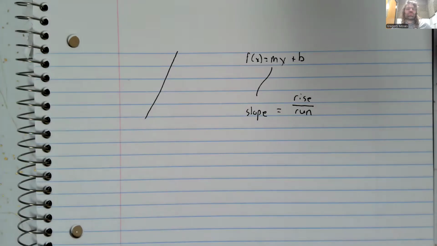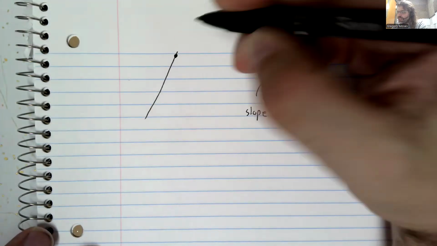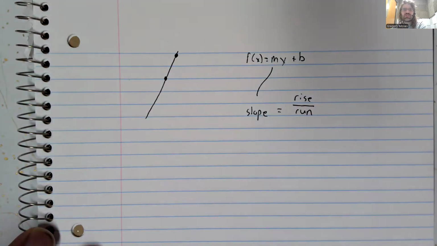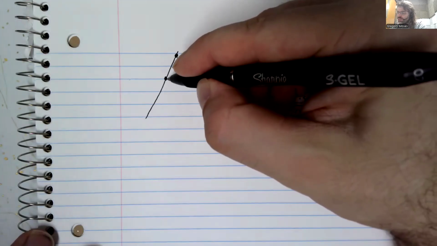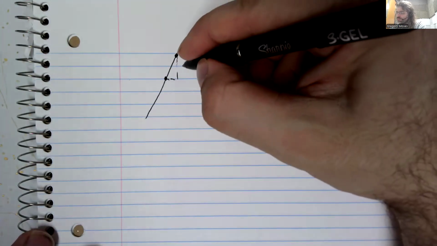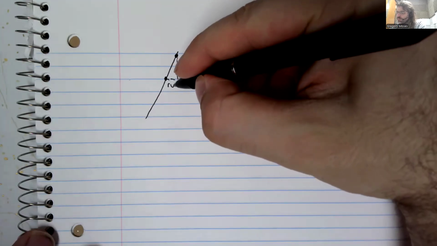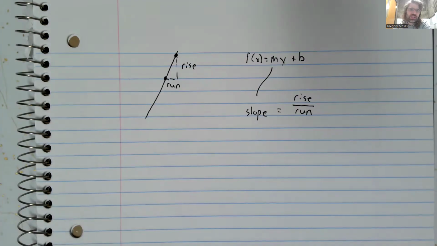And the slope gets described as the rise over the run. And you can take any 2 points on this line, and you can look at the vertical and the horizontal change.